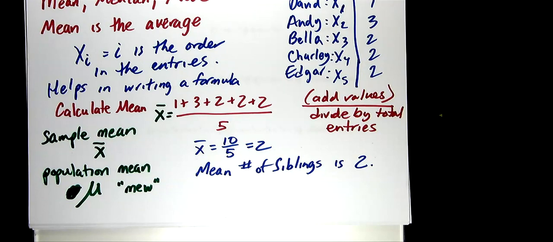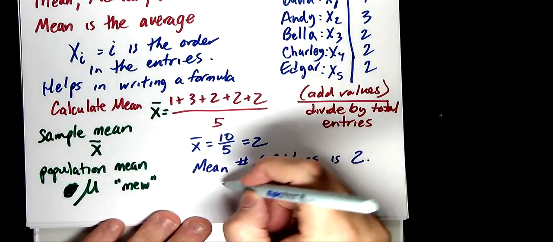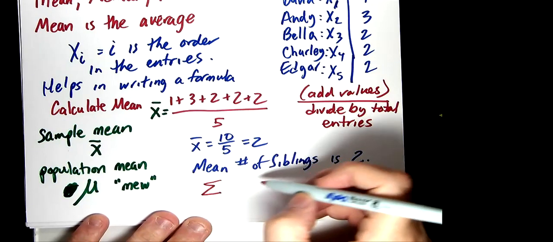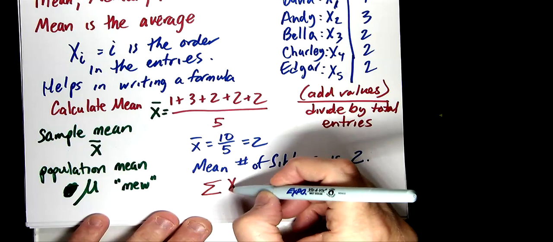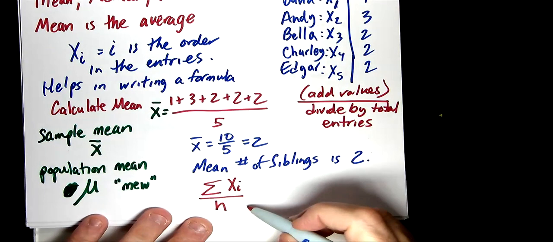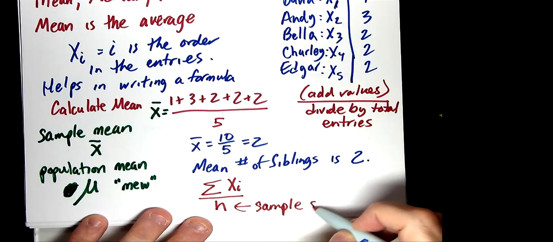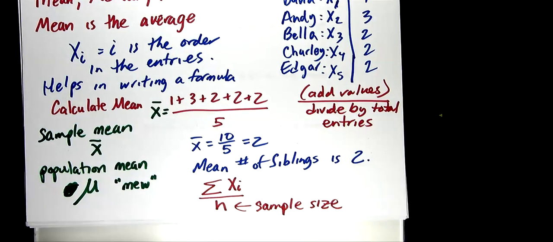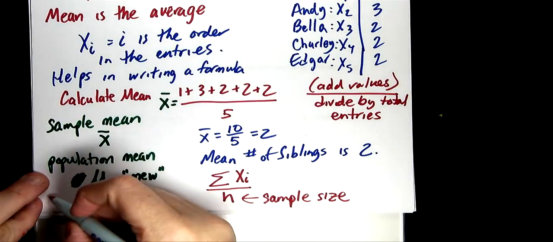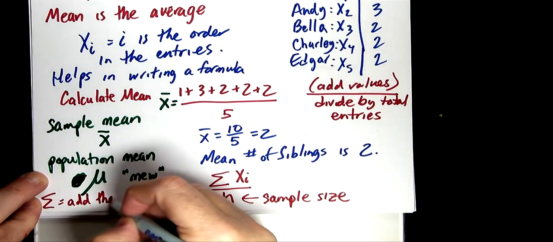So the little formula notation they use, we had Xi. What they do is they make this sigma that looks like a sideways capital M, and they say Xi divided by n. n is our sample size. This crazy looking symbol means add them up. That's what it means.